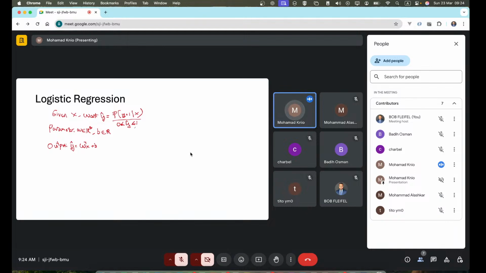So we need to limit the function w transpose x plus b. Also, this is a given function of logistic regression.